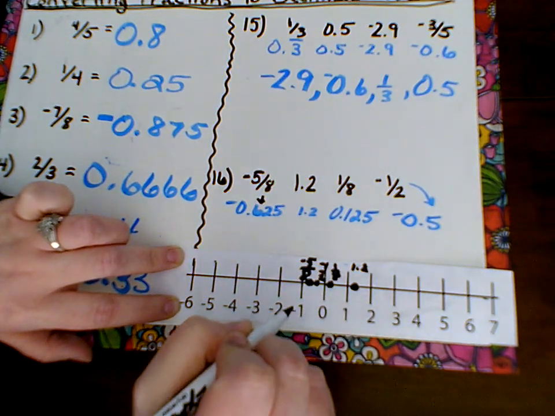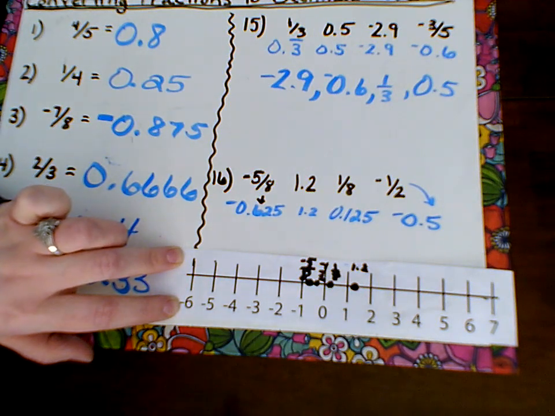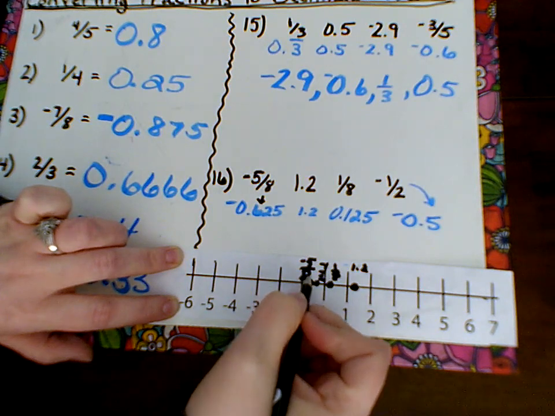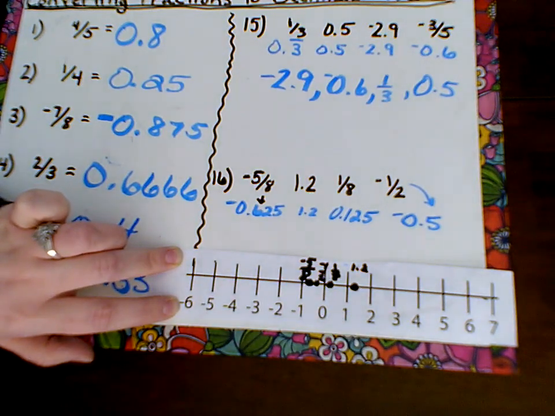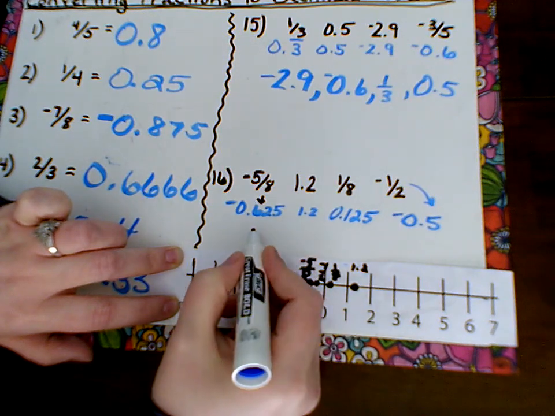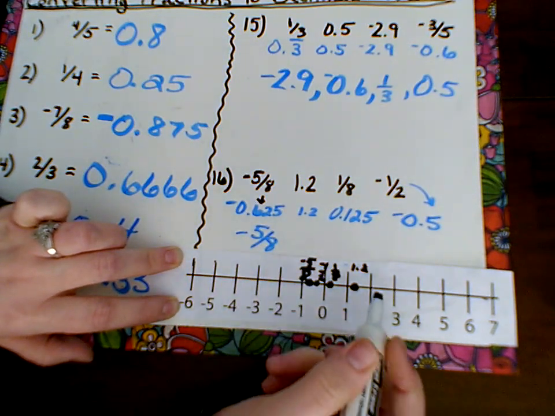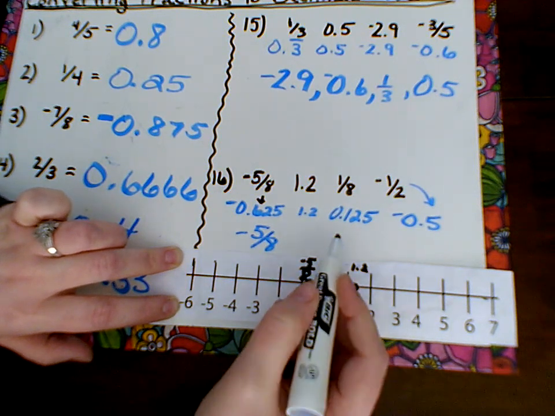-1/2. And then for my answers, if I'm writing them from least to greatest, I will write them from left to right. Grabbed the wrong thing. On the left side of the number line, I have -5/8. Then I have -1/2.